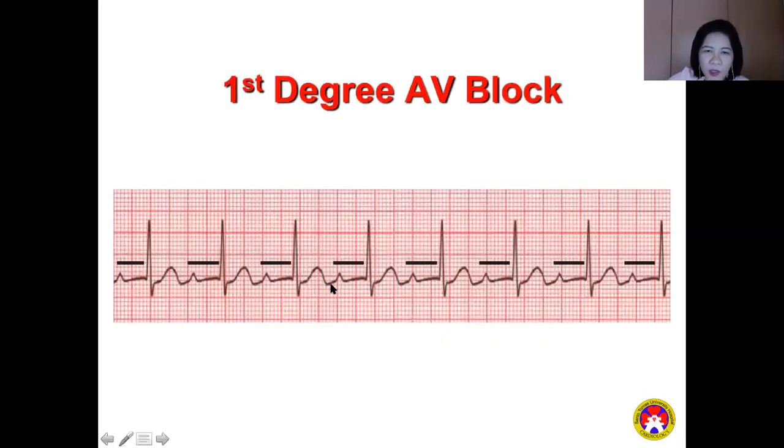So here we see this is the start of the P, okay, and that is the end of the PR segment. One big box is 0.20 seconds, so this is more than 0.20 seconds. So this is first degree AV block.